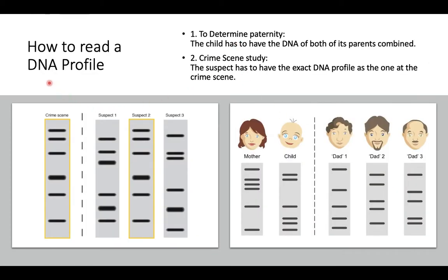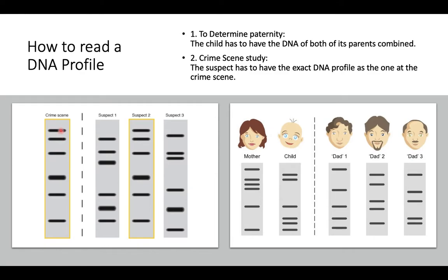So then we can take that DNA profile or DNA fingerprint, and we can, one, determine paternity, because we know that the child has to have the DNA of both its parents combined. And we also can study crime scenes, because the suspect has to have the exact DNA profile as the one at the crime scene. So here, notice that this is a result of a DNA profile. So this is how the DNA fragments have separated into tiny little pieces, those polymorphic regions.